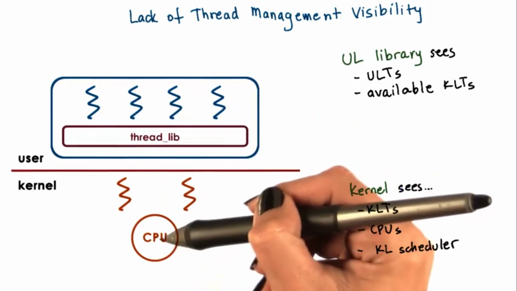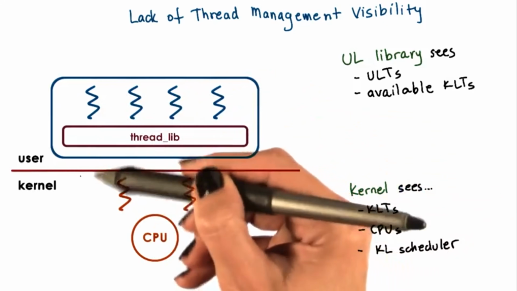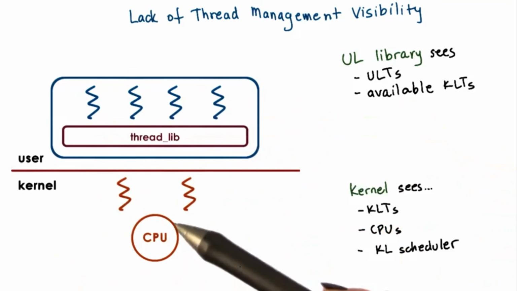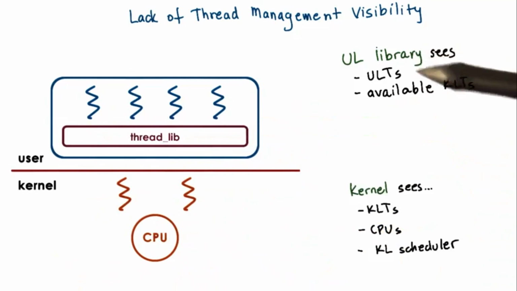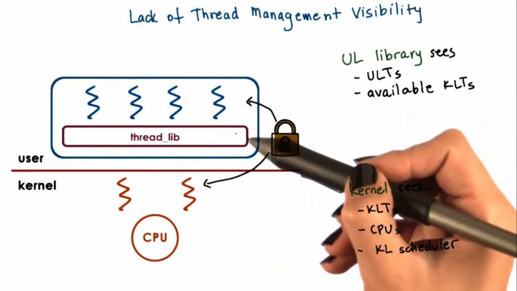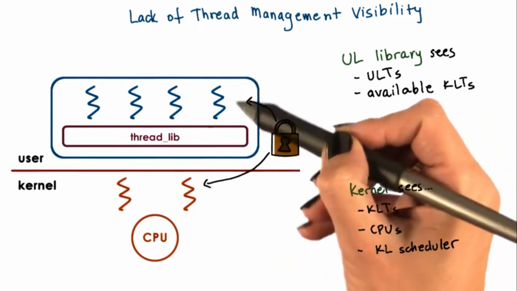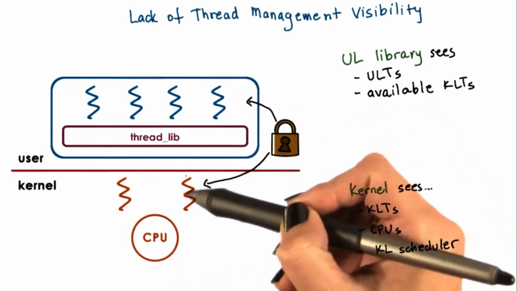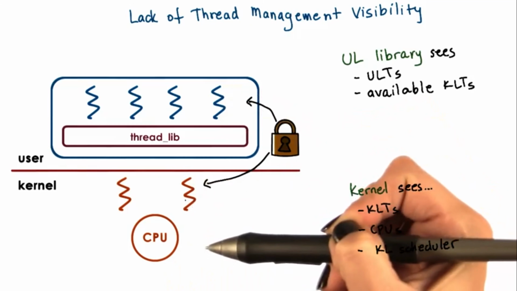If the user-level threads and the kernel-level threads are using the one-to-one model, then every user-level thread will have a kernel-level thread associated with it. So the user-level library will also essentially see as many kernel-level threads, but it will be the kernel that will actually manage those. Even if it's not a one-to-one model, the user-level library can request that one of its user-level threads be bound to a kernel-level thread.